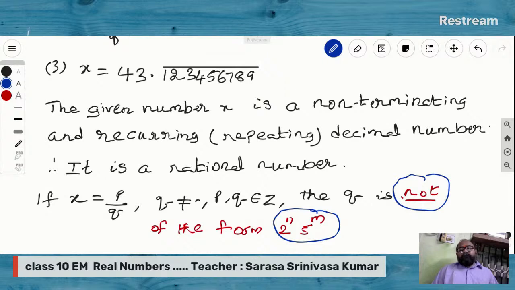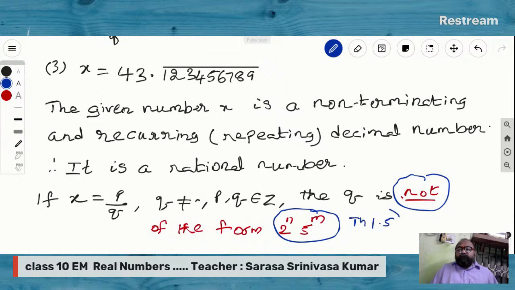So we must give the reason also. We have observed that the given decimal number is a non-terminating recurring decimal, and hence we can conclude that it is a rational number. Now we have theorem 1.5.